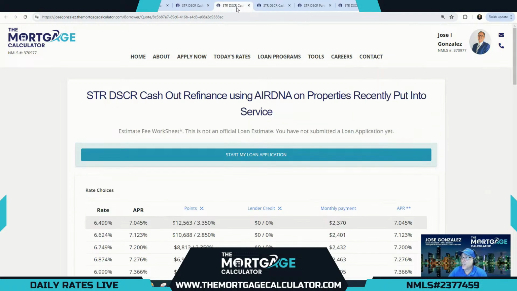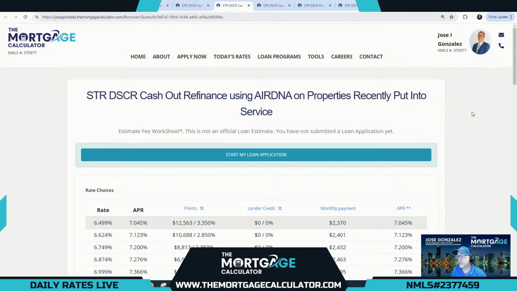So here is another 75% LTV option on a cash out. Now, this one is a very interesting one because this one uses AirDNA, and this one is specifically for properties recently put into service. It could be a property that you just bought, rehabbed, and now are putting up for rent as a short-term rental property.